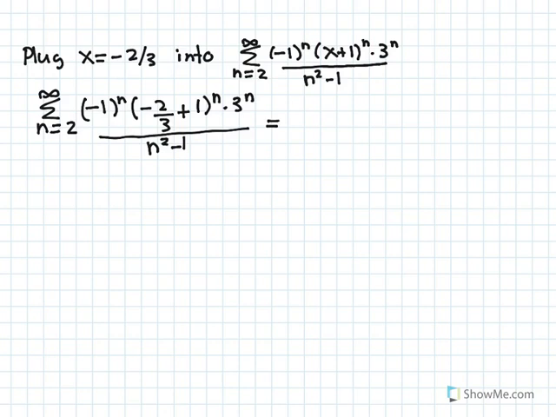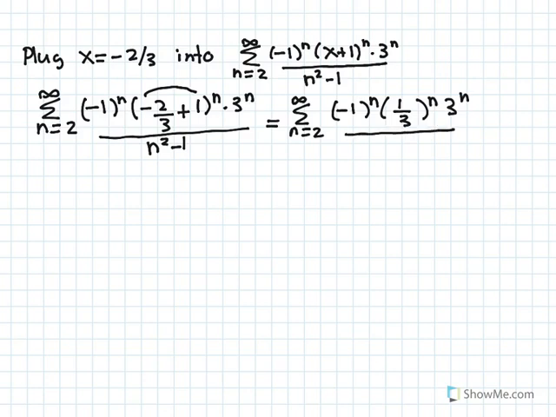So simplifying this, we get summation n equals 2 to infinity of negative 1 to the power of n. Now negative 2/3 plus 1, that's 3 over 3 minus 2/3, is 1/3, so we get 1/3 to the power of n times 3 to the n divided by n squared minus 1.